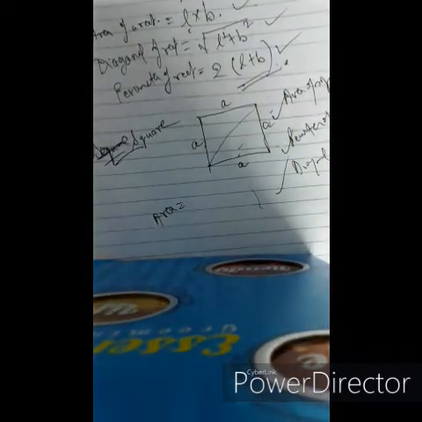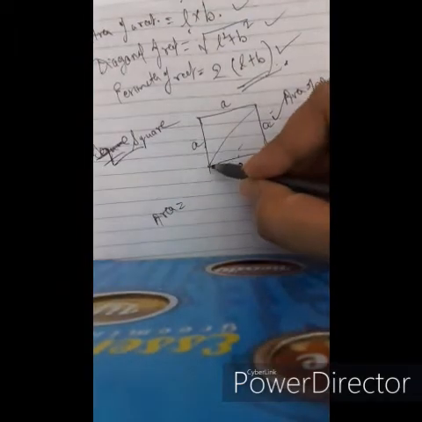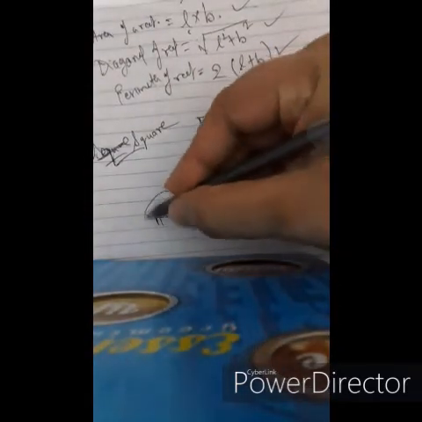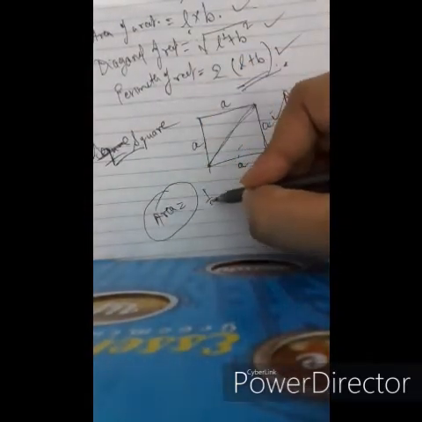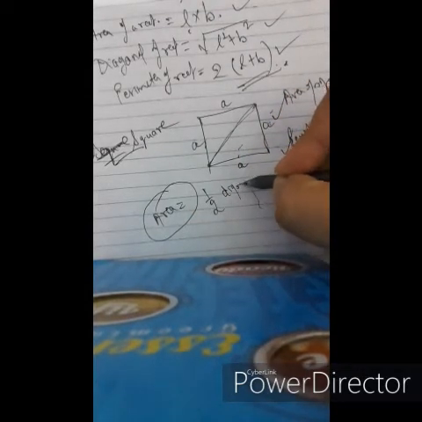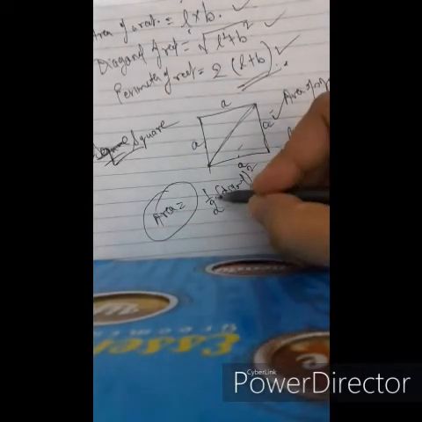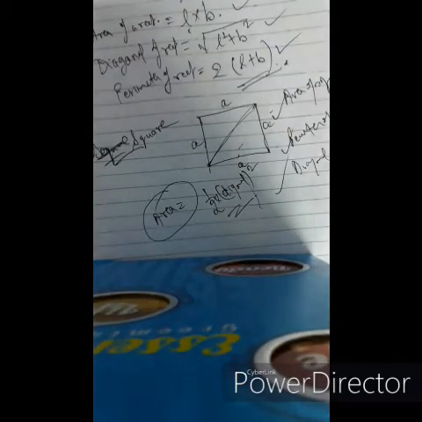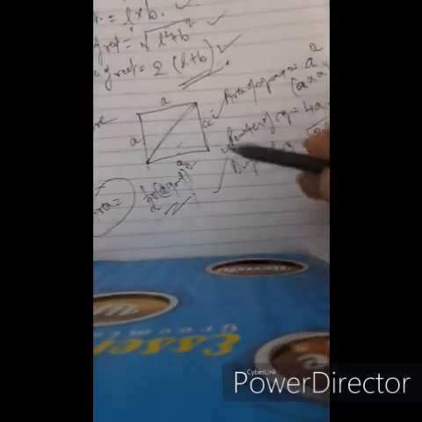Suppose in a problem the diagonal of a square is given and the side is not given, and we have to find the area. How do we find that? We have to substitute in the formula: area of square equals half into diagonal square. This is the formula if diagonal is only given. Half into diagonal square is the formula of the area of a square whose diagonal is given and the sides are not given.